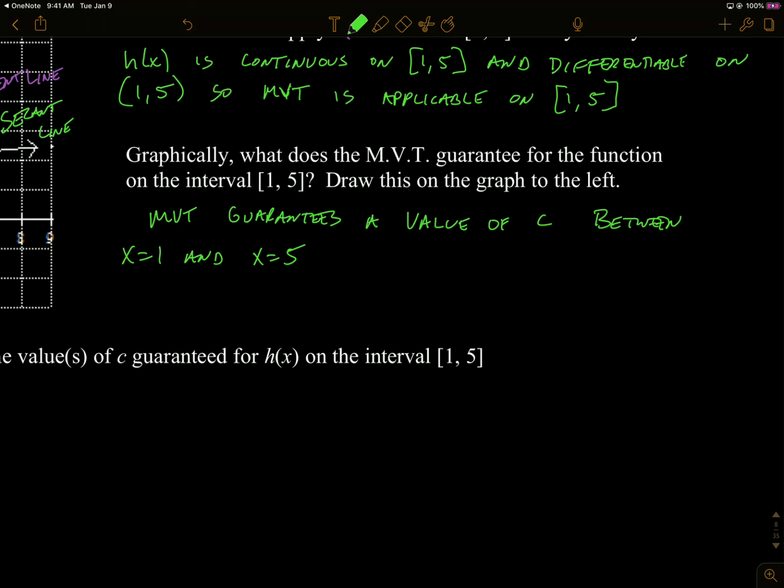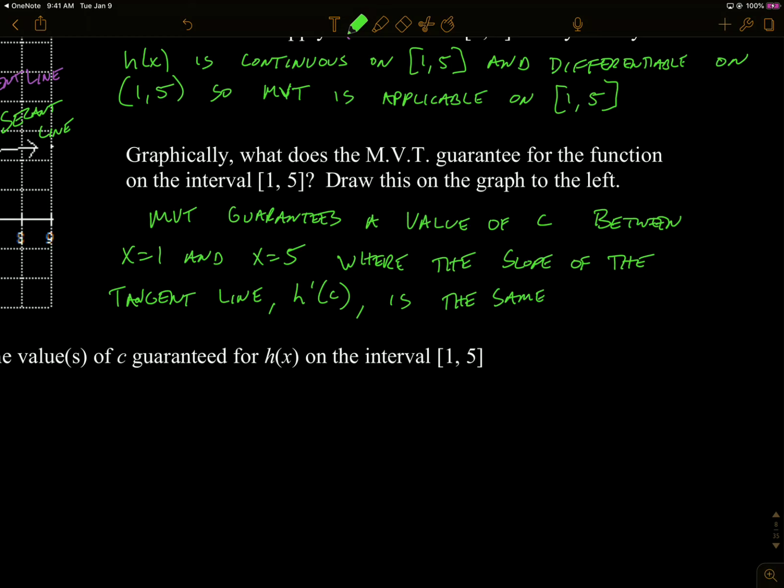Again, not the endpoint, so on the open interval, where the slope of the tangent line, i.e. the derivative at that value, is the same as the slope of the secant line over that closed interval, which would be given as h of 1 minus h of 5 all over 1 minus 5.